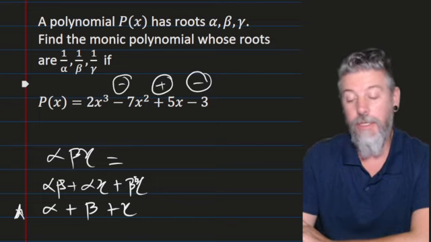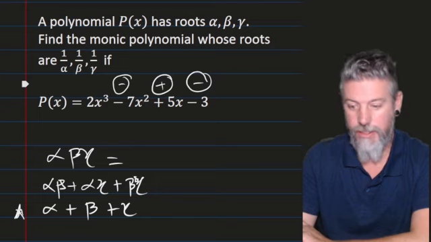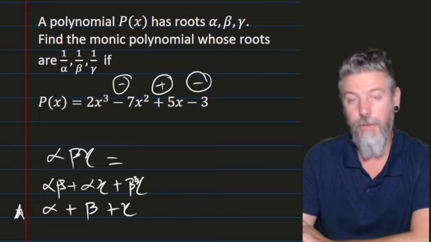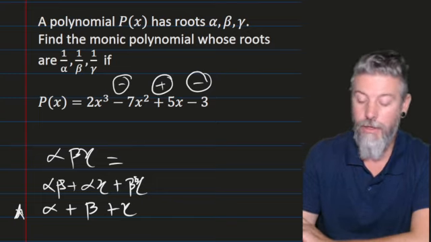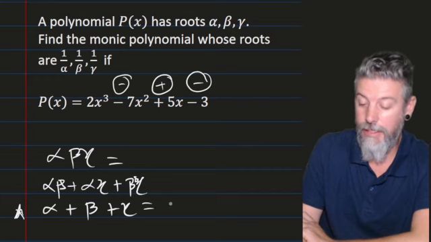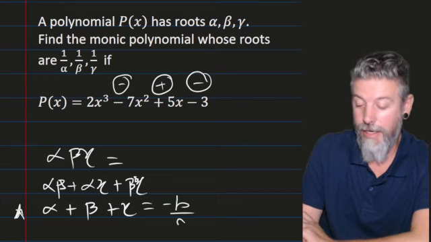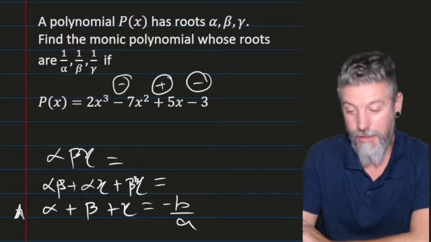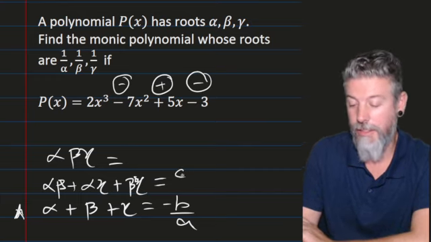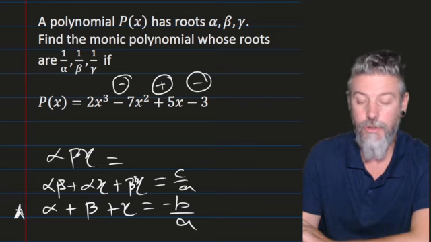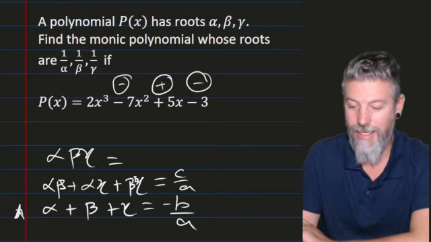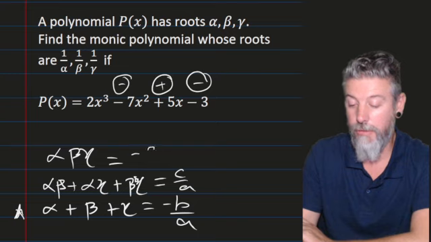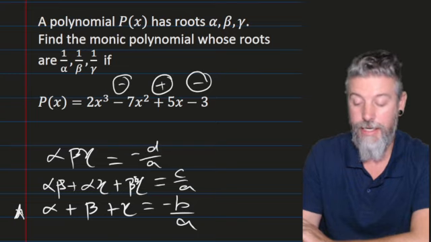And so this negative second term is the b value, and they're all just divided by a. So the sums end up being negative b over a. The next term is the pairs, which is positive, right? Positive c on a. And as you saw from my expansion, the last one's negative. So the product of the roots is negative d on a.